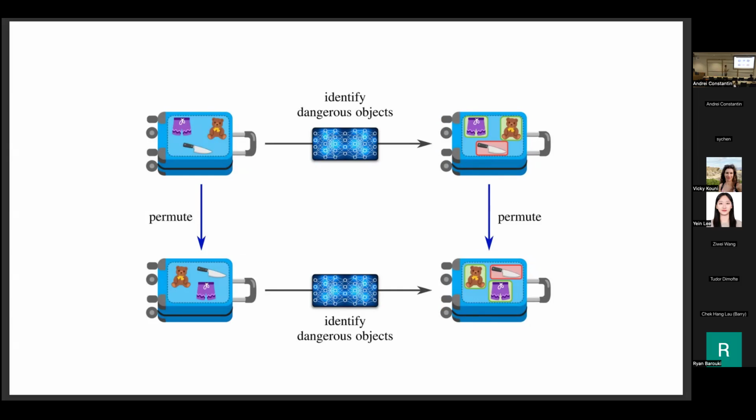So you flag which objects are dangerous, then this task should be equivariant with respect to permutations of these objects. Or for you as physicists, probably you would rather think about something like having a set of particles, and whatever you predict should be equivariant with respect to permutations of particles.